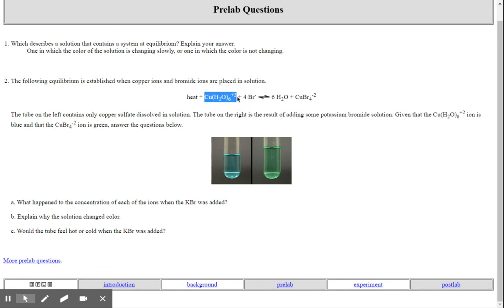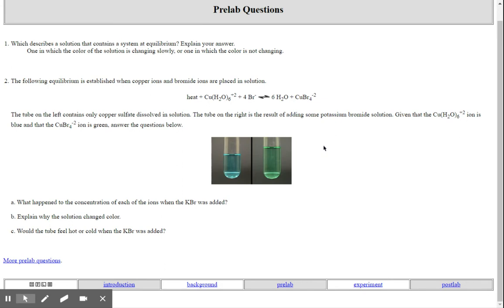So what the left side looks like if you're going to the left, right? So what your reactants would look like, a blue color. Then if equilibrium shifts and you are greatly making your products and you have this copper bromide ion here, that would be green. So it would look like the test tube on the right.